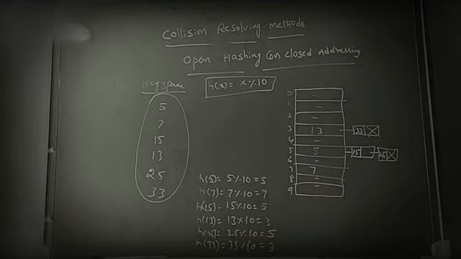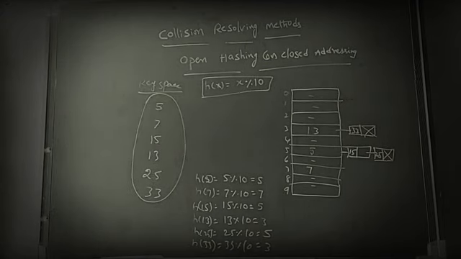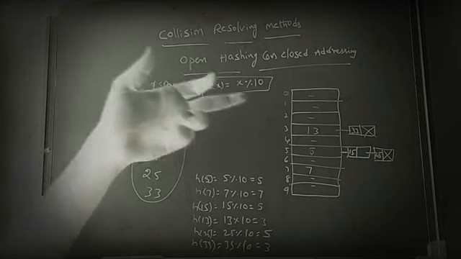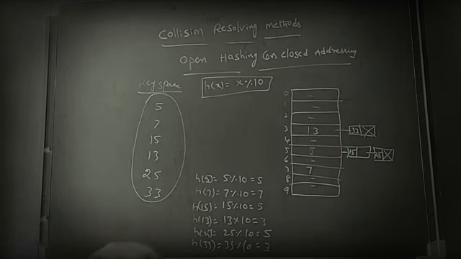One thing you have to observe: the memory is fixed, divided into partitions 0 to 9. Based upon the input elements, they are placed in the respective positions. Are there any restrictions on adding elements? No restrictions.